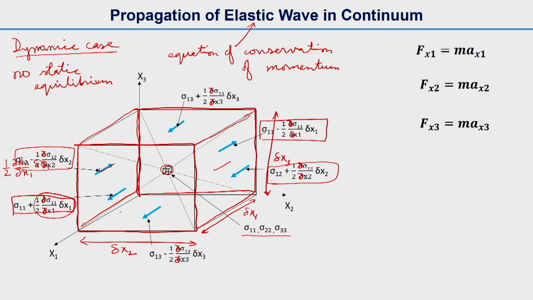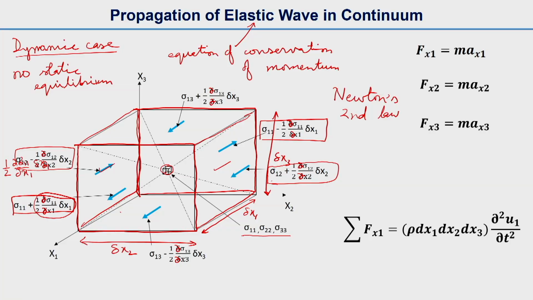So if we have Newton's second law, the forces in the three different coordinate axis directions are equal to mass times acceleration in that direction. We can take one direction, let's say the x1 direction only, this direction in the figure.